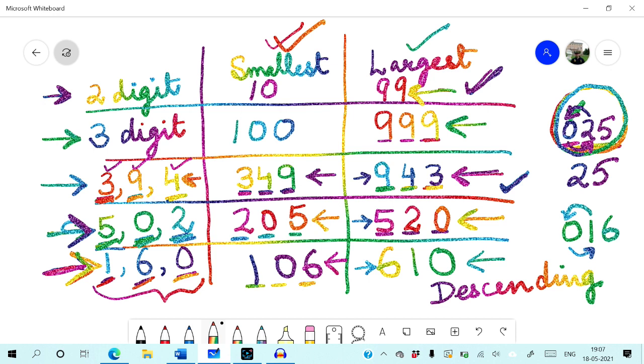The biggest place is hundreds place and the second bigger place is tens place.